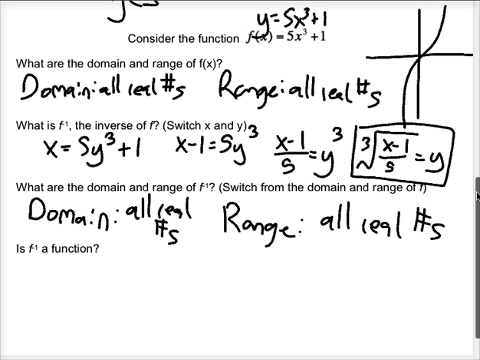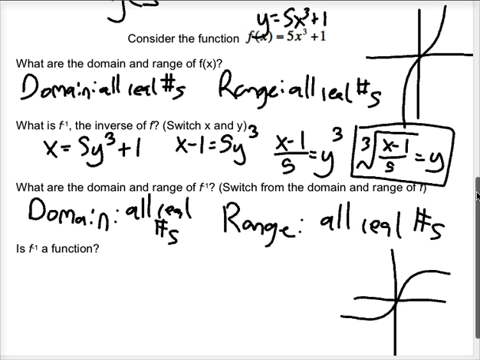And is f to the negative 1 a function? Here's a question that you may not know the answer to, because you probably have never seen a cube root function before. So I want you to imagine taking that graph and reflecting it over the line y equals x.